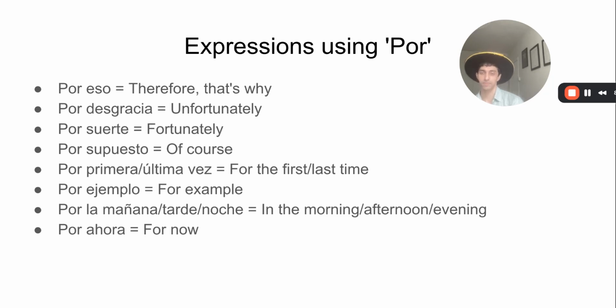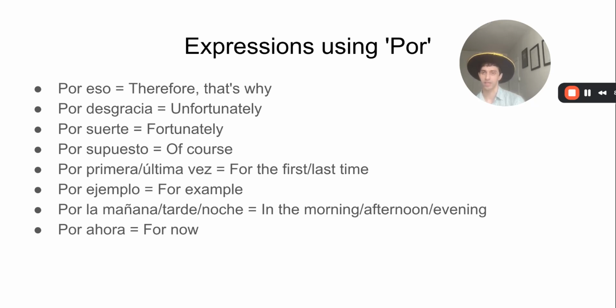Por desgracia is a way to say unfortunately, por desgracia or desafortunadamente. Por suerte means fortunately, one way to express fortunately. Por supuesto means of course. Por primera vez or por última vez, meaning for the first time or for the last time. Por ejemplo, for example. Por la mañana or por la tarde or por la noche means in the morning or in the afternoon, in the evening.